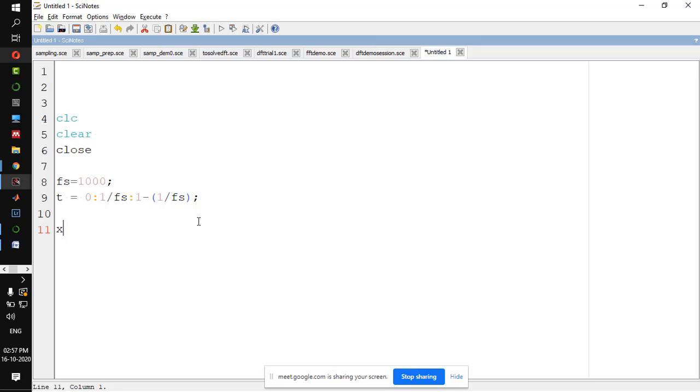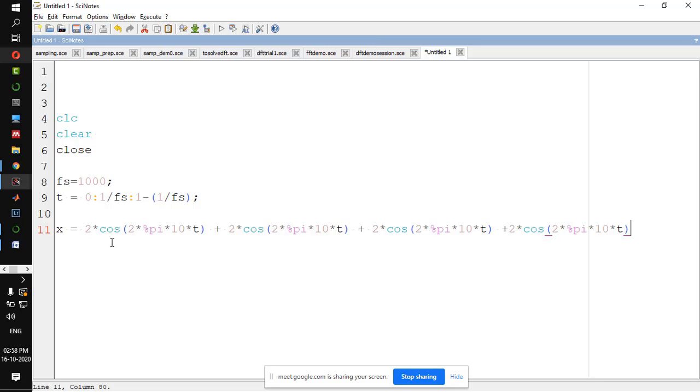Now I'll define the signal x of t equal to 2 times cos of 2 pi into the first frequency, which I'll take as 10 hertz, so 10 into t. I'll add this to two more signals, so let me copy this with Control C and Control V, just to give you an idea.